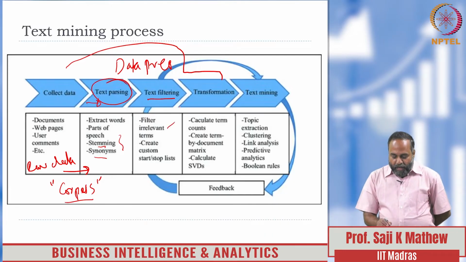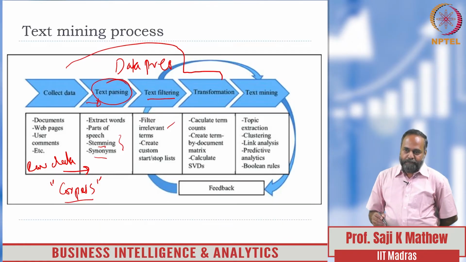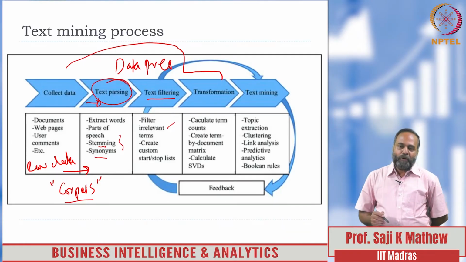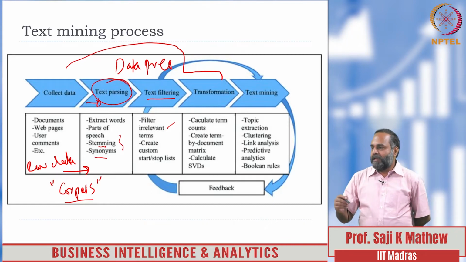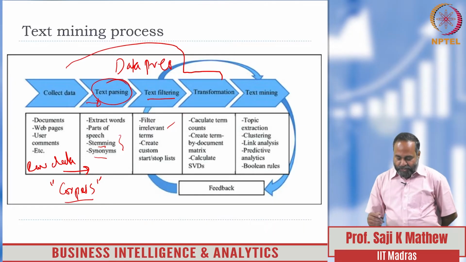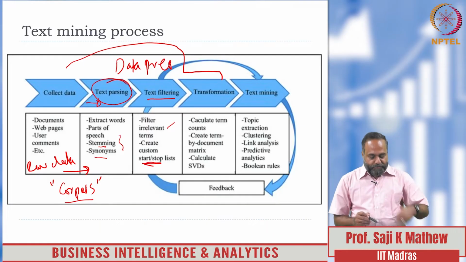Remove irrelevant words. There is something called stop words in text mining, so you can stop certain commonly occurring words, like a, the, and so on, from getting into the analysis. That is called defining a set of stop words.